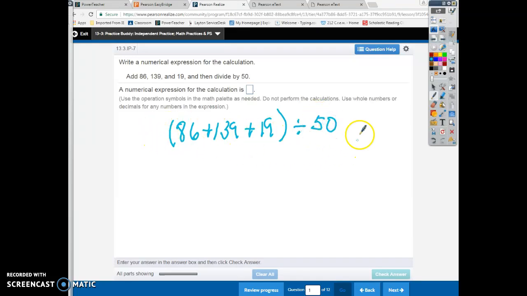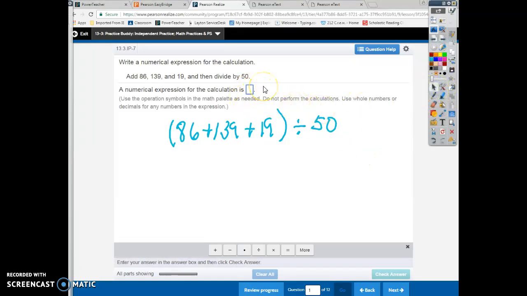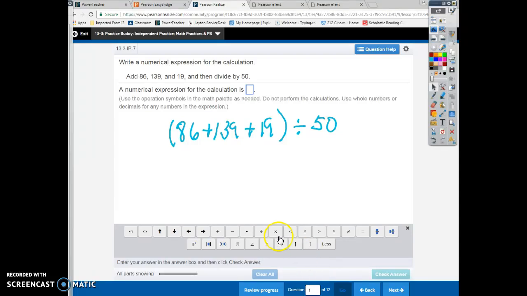So let's see if what I wrote makes sense with what I read. Add 86, 139, and 19. And then after I do that, so that's what I have to do first, and then divide by 50. So that should be my answer. And in our box, all we're going to do is type in using the math palette down here at the end. You might need to make it a little bit bigger.